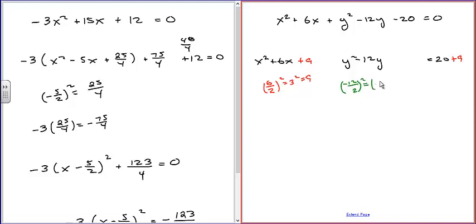So negative 12 divided by 2 is negative 6 squared. That's 36. So we're going to add 36 plus 36. So we can now make this into a complete square. X plus 3 squared is this number, 3, plus y minus 6 squared equals, so we have 20 plus 36 is 56, 56 plus 9 is 65.